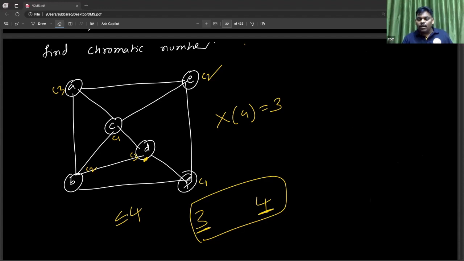If anyone says outside is giving a better answer, then I will take outside. There is no proper algorithm, you have to check one by one. I know very well whether you start from inside or outside, it required 3 colors. An odd length cycle requires 3 colors. So please check like that.